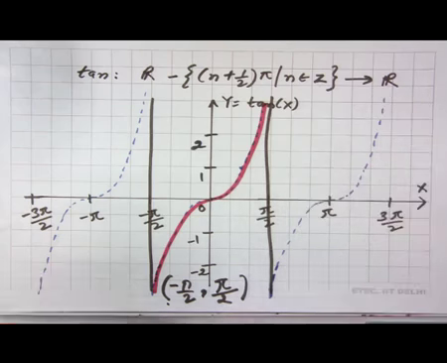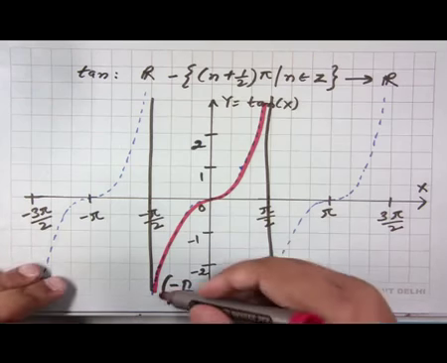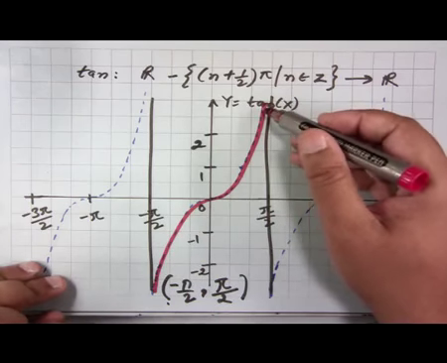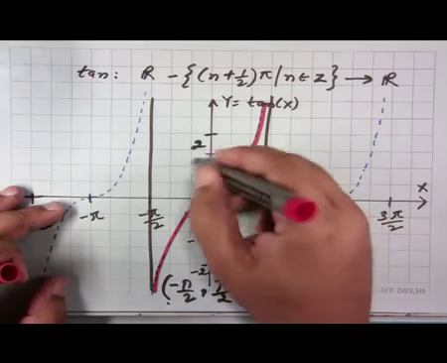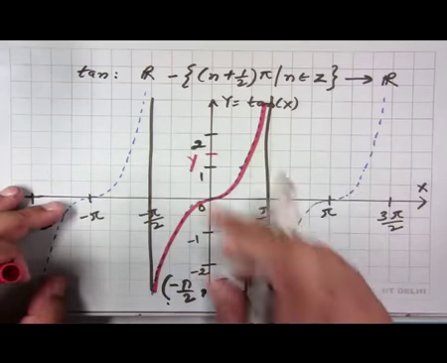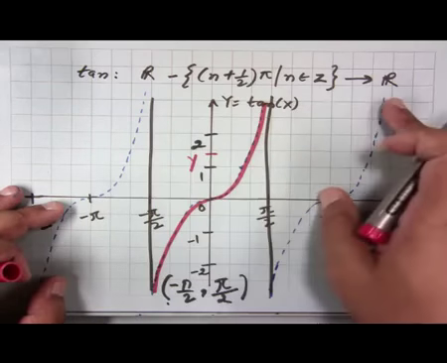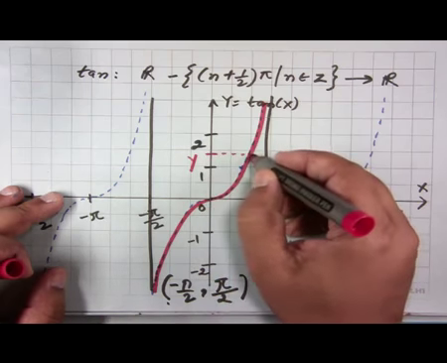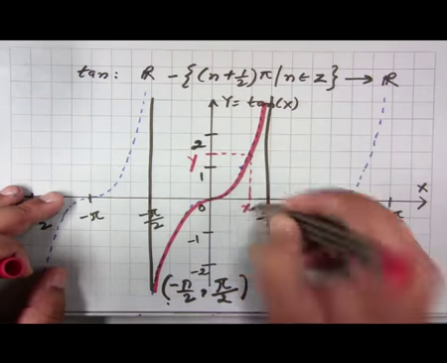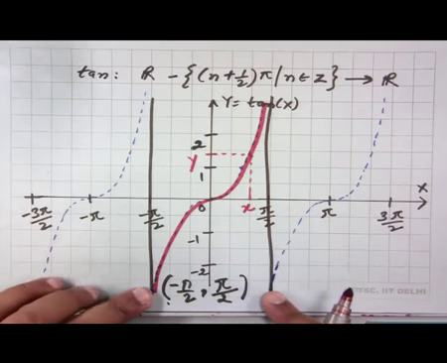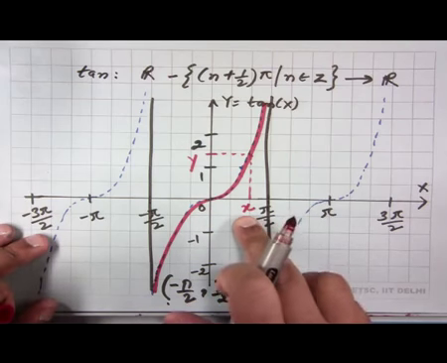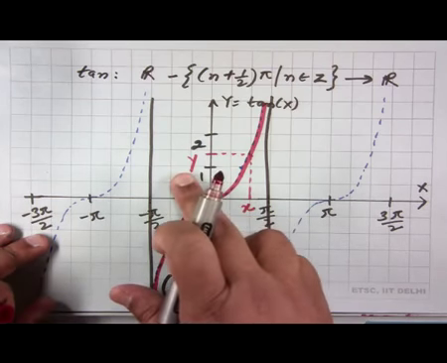The interesting thing, however, is that we see this red curve is a monotonically increasing curve, and therefore, if we take any value of y in the range of the tan function, so any real value of y, then there will always be a unique value of x in this interval minus pi by 2 to plus pi by 2, such that tan of x will be equal to that y.